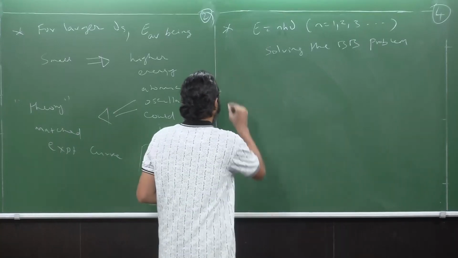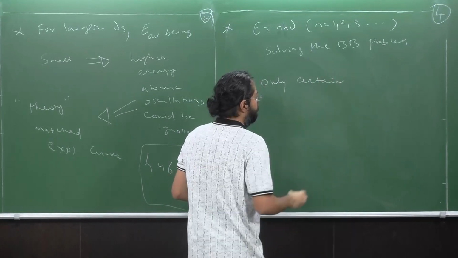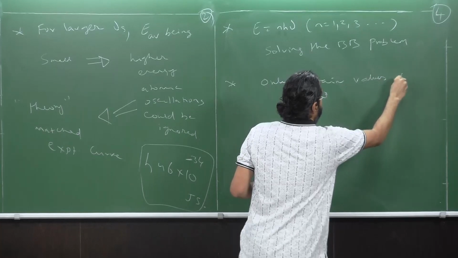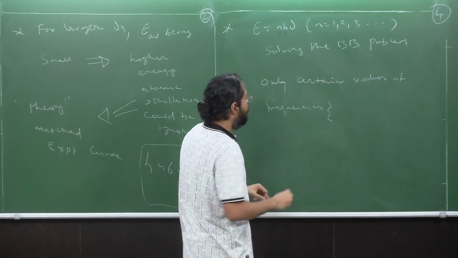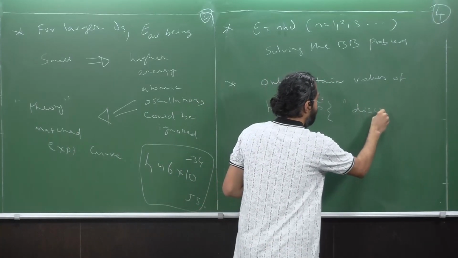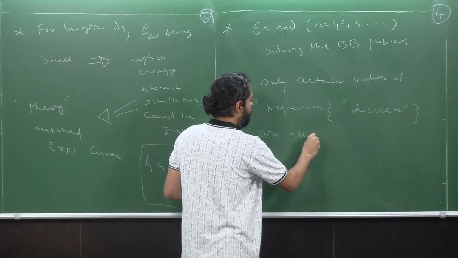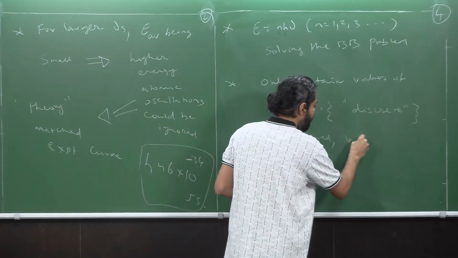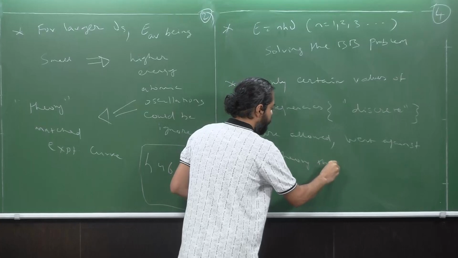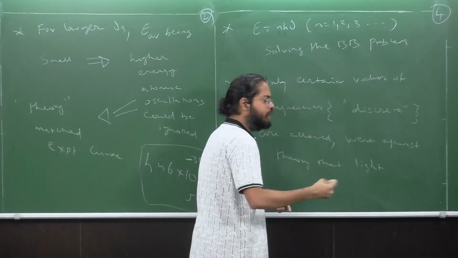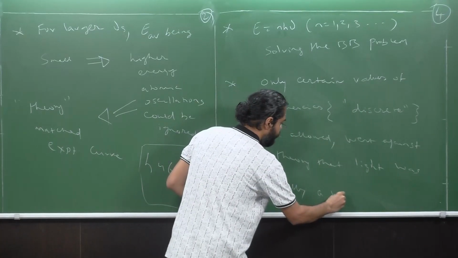The idea that only certain values of frequencies, in other words discrete values, are allowed went against the theory that light was actually a wave.